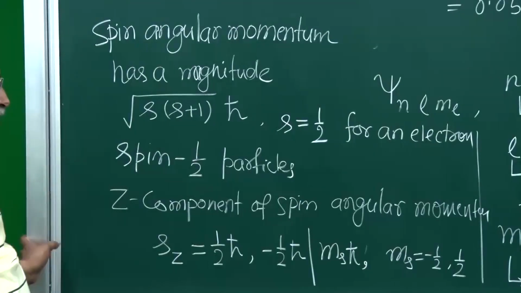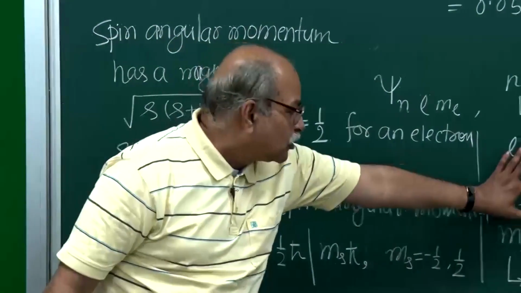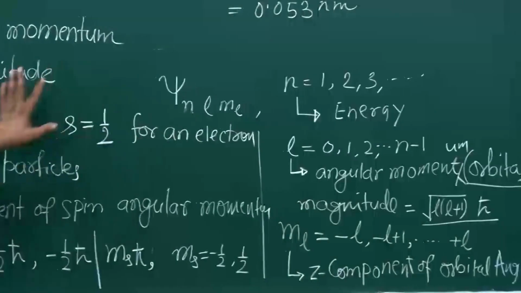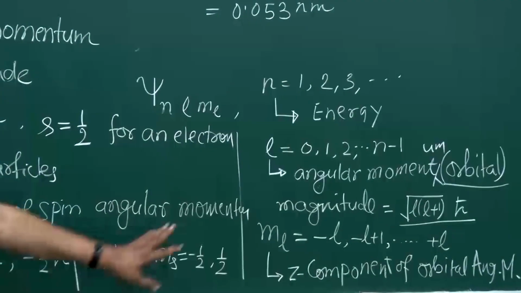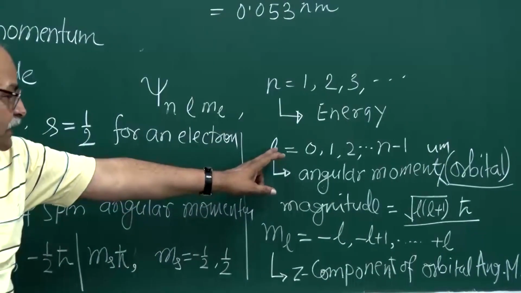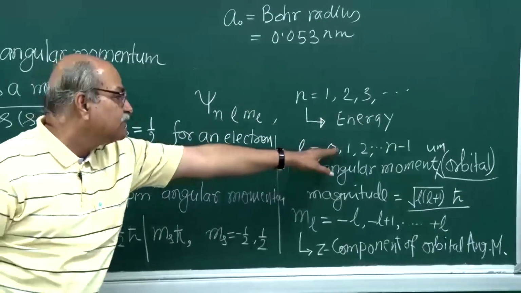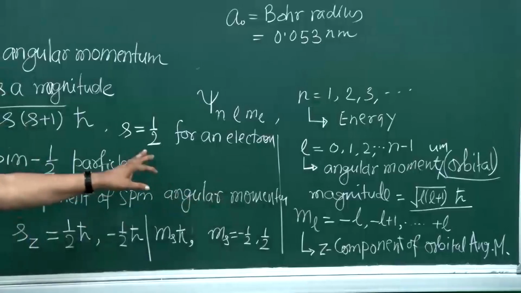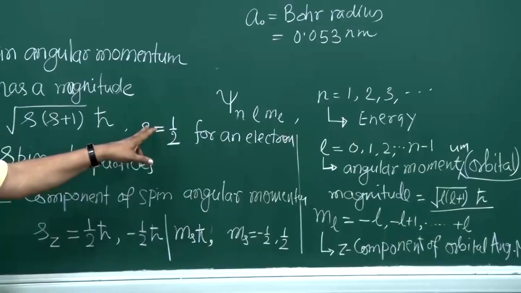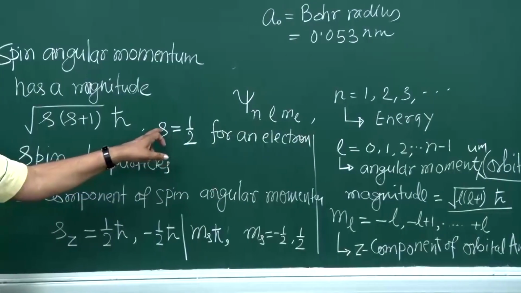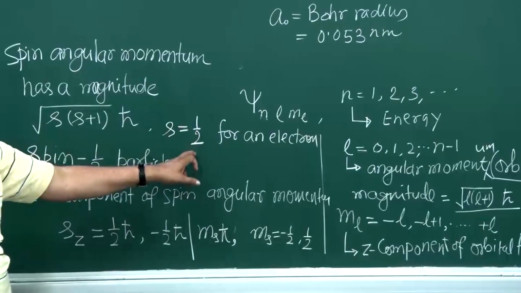Okay. So it's almost similar structure: orbital angular momentum, spin angular momentum. For orbital angular momentum the magnitude is given by this number L, which can take different integral values, but for spin angular momentum this is given by S, and S has a fixed value 1 by 2.